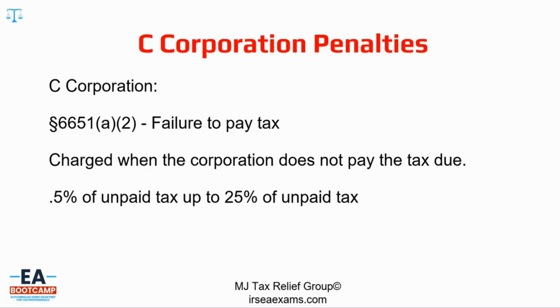Okay, so with the failure to pay tax, you see it's actually cheaper than the failure to file, right? Because the failure to file penalty is 5% of the unpaid tax. The failure to pay is 0.5%, right? This is why we encourage people to file on time, because you save money just by filing on time.